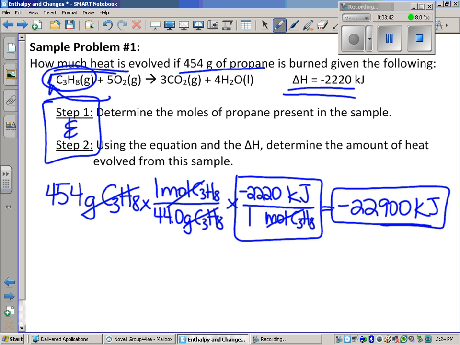Your conversion factor here is new. You get the kilojoule part from here. You get the mole part from the coefficient for whichever substance. So if I had used O2 in this problem, I would have had a 5 there. If I had used CO2 in this problem, I would have had a 3. If I had used H2O, it would have been a 4. So it's all dependent on that coefficient.